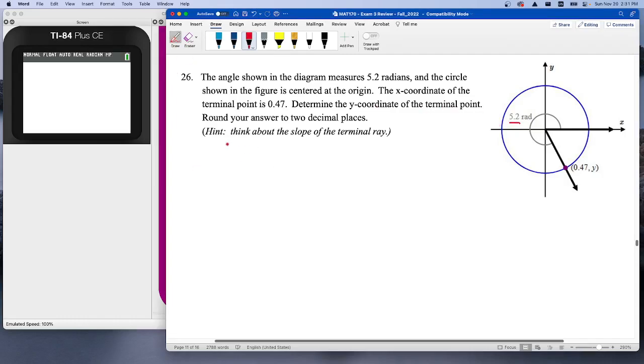So we know that the x-coordinate has to be equal to r cosine of theta. We know x is 0.47. We don't know for certain what r is, but we do know that theta is 5.2. So that way we can find r.